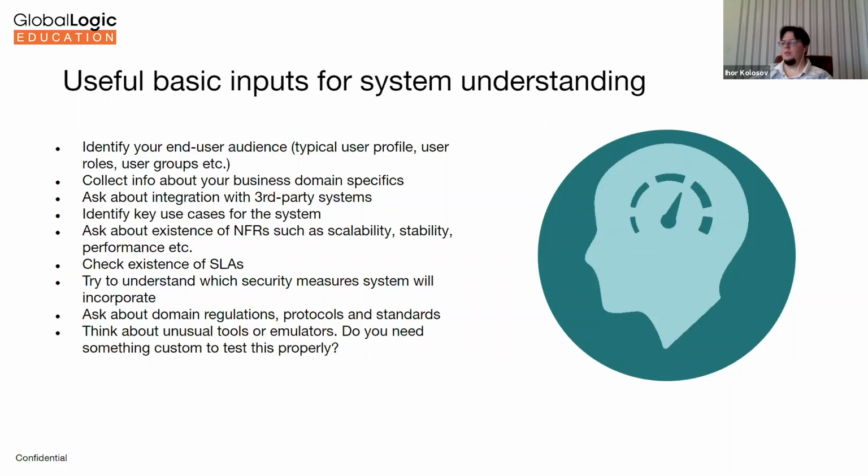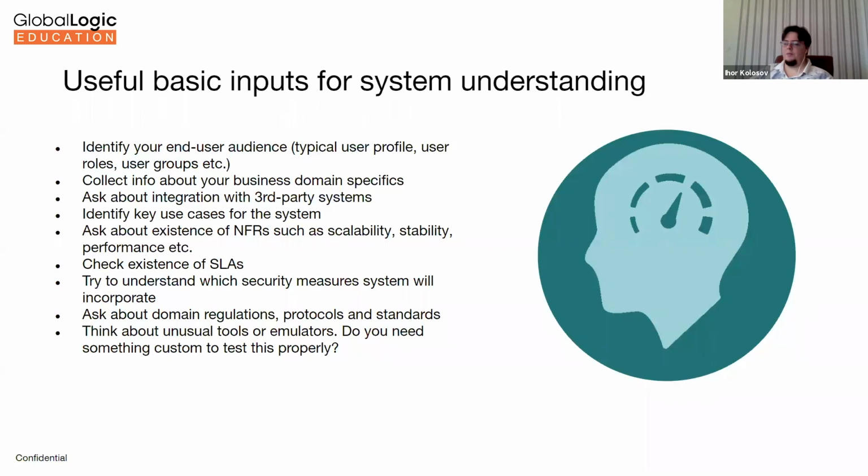So integration matters. It will affect your coverage. You will probably want to cover such integration points with third-party systems, or maybe even emulate such third-party systems. At least you should be able to somehow define an approach for such cases.